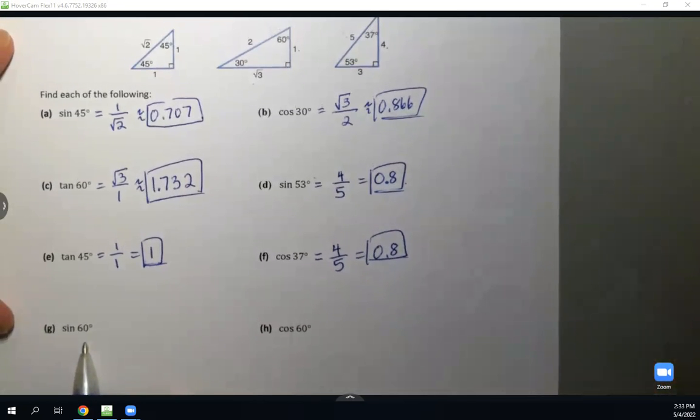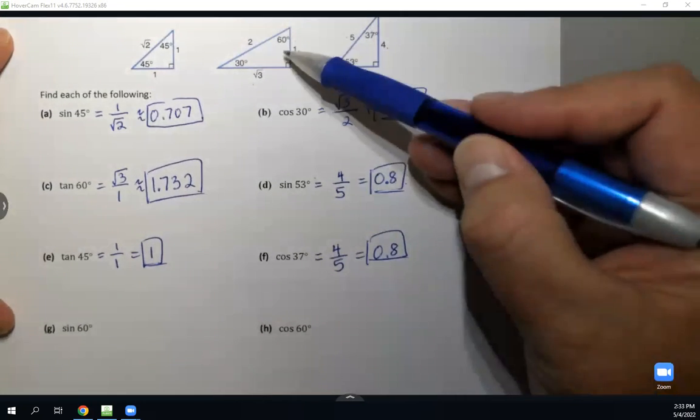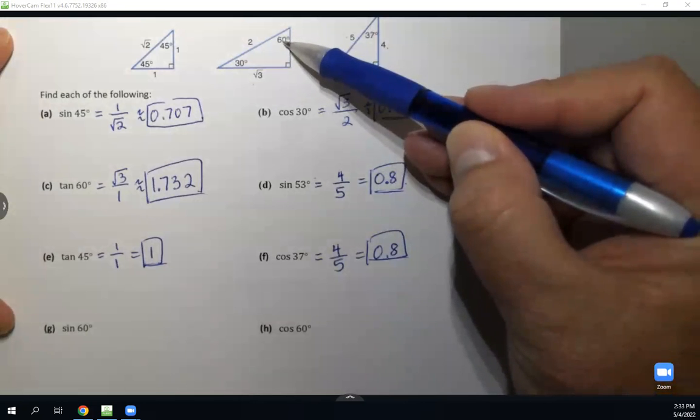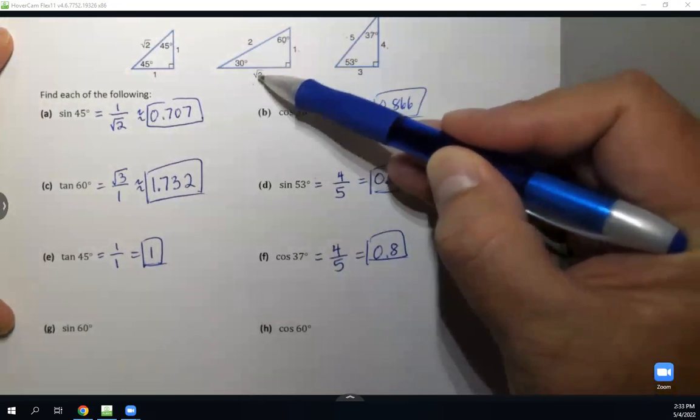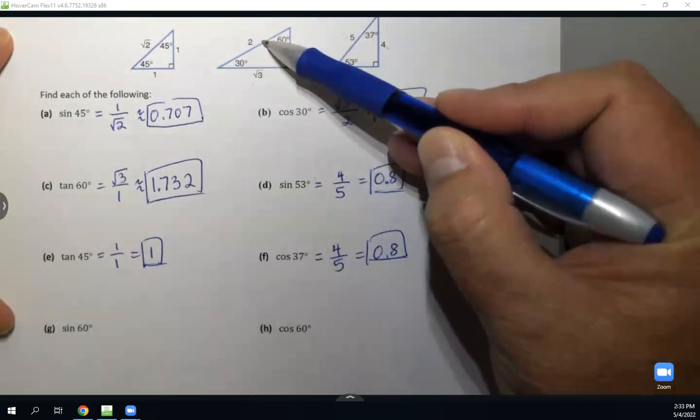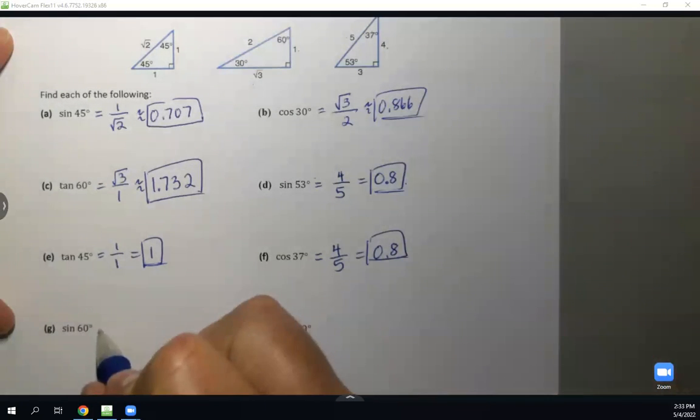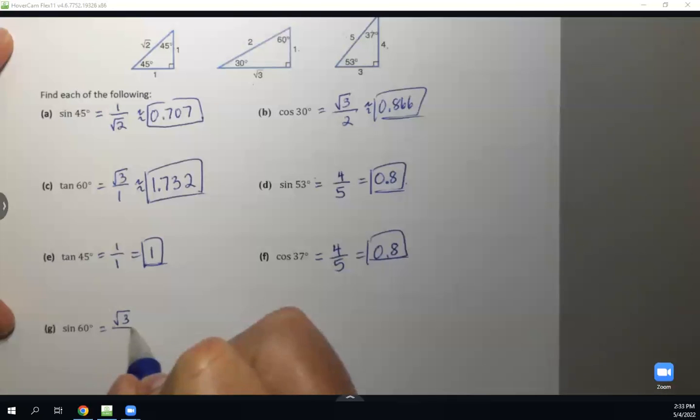The sine of 60 degrees, well, 60 degrees is here. So the sine is the opposite over the hypotenuse. So the square root of 3 is the side opposite. 2 is the hypotenuse.